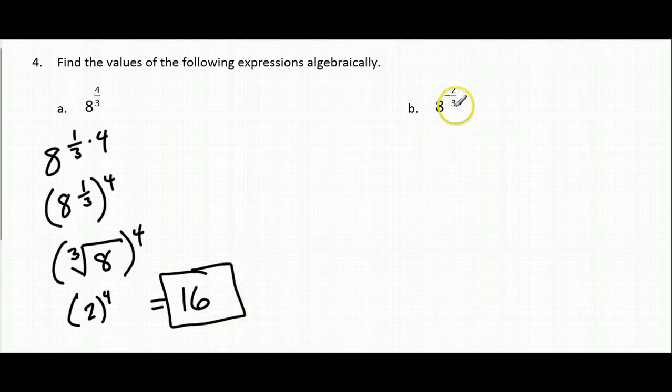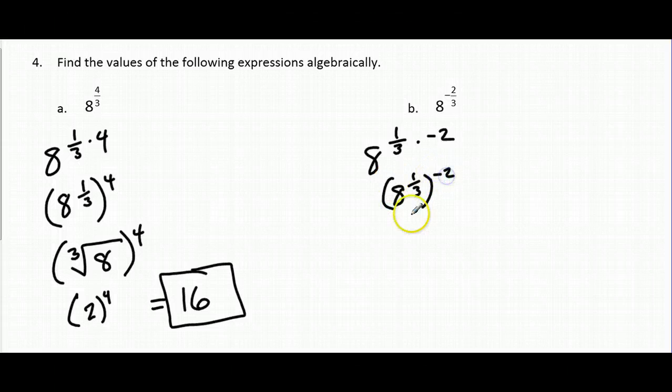Let's go to 8 to the negative 2/3 power. It's going to be 8 to the 1/3 times negative 2. My apologies on that. Let's rewrite that as 8 to the 1/3 times negative 2. That's really the cube root of 8, to the negative 2 power.